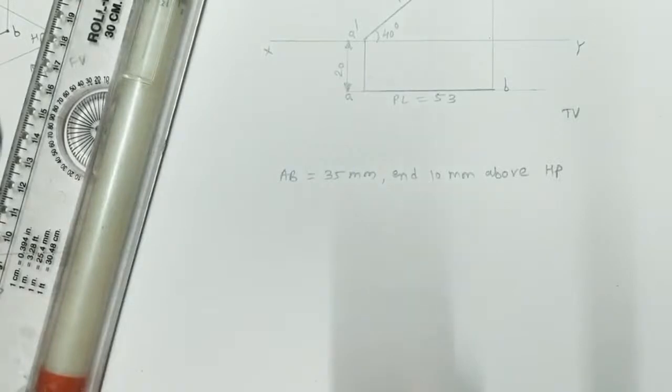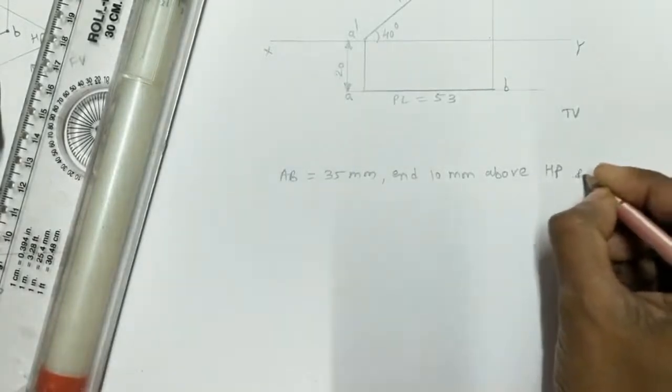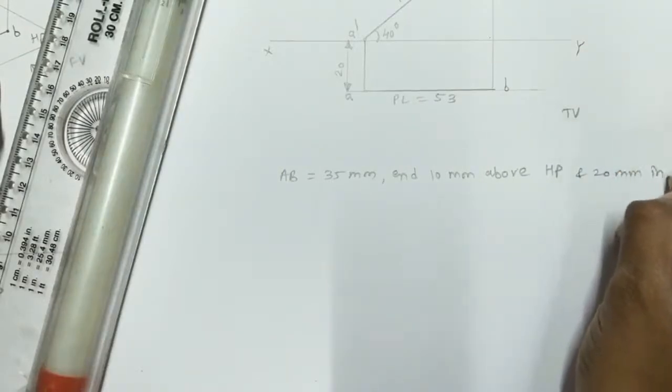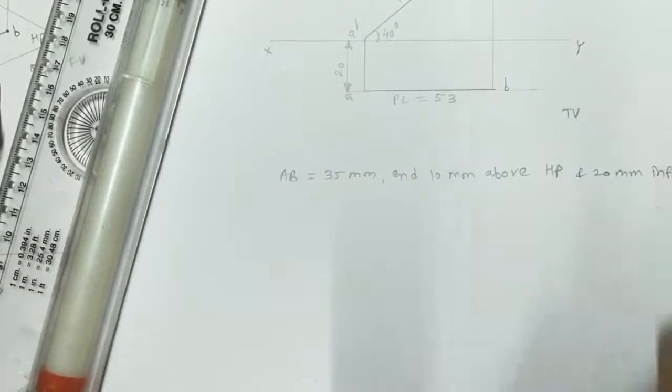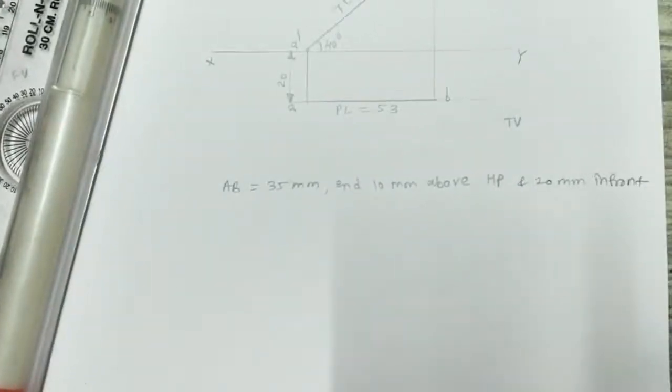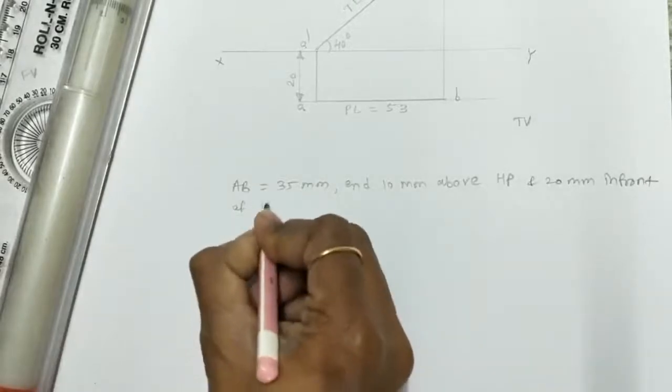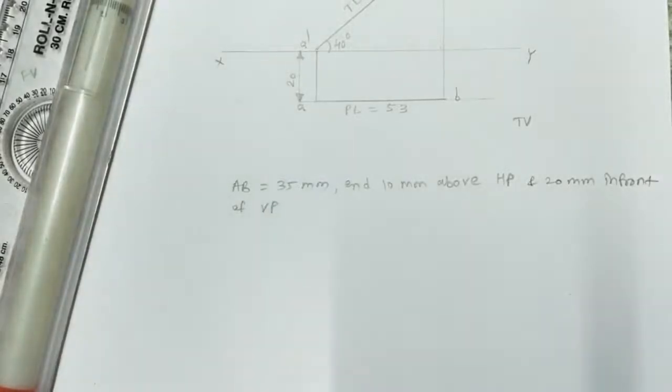Line is parallel to VP and 20 mm in front of VP. Draw the projection.